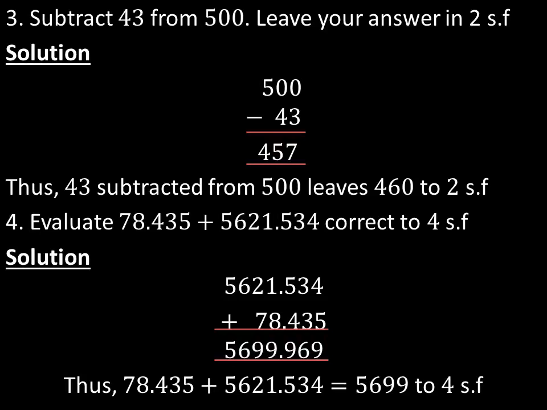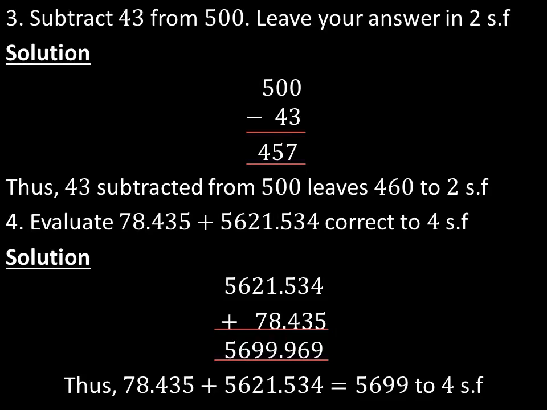That's our answer, 5,699.969. So for us to correct this to 4 significant figures, our first digit here is 5, our second digit is 6, our third digit is 9, and our fourth digit here is 9. But what comes after 9, after the decimal point, is still 9. Normally we are to round off the 9 and add 1 to the previous number.